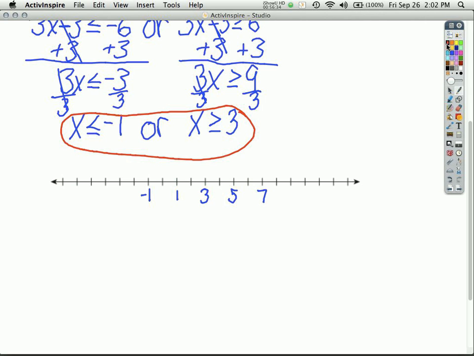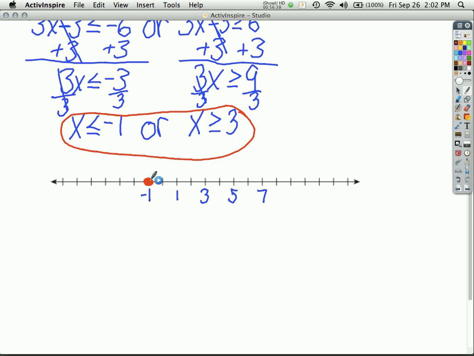And we'll do a closed circle on the negative 1, a closed circle on the 3, and shade.